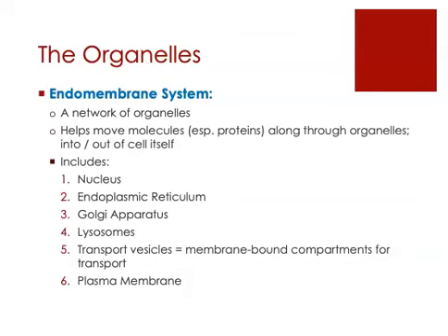So this system starts with the nucleus and then goes to the endoplasmic reticulum, particularly the rough endoplasmic reticulum, then an organelle called the Golgi Apparatus, then an organelle called the lysosome, an organelle called a transport vesicle, and the cell membrane or the plasma membrane.